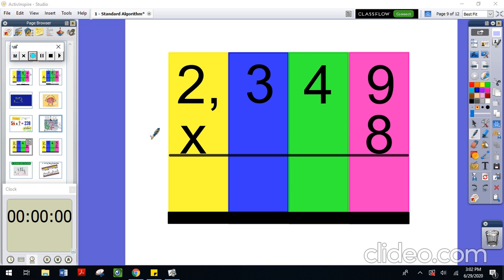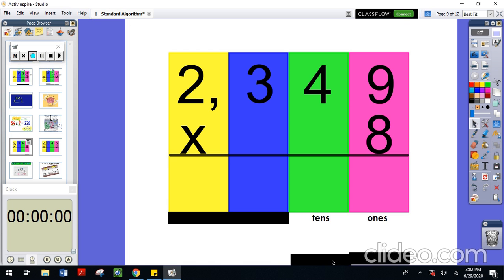So now we are going to continue to use standard algorithm to solve multiplication problems. Here we have 2,349 times 8. Well, again, we know that the purple color represents the ones place, the green represents the tens place, the blue represents the hundreds place. What place is represented by the yellow?